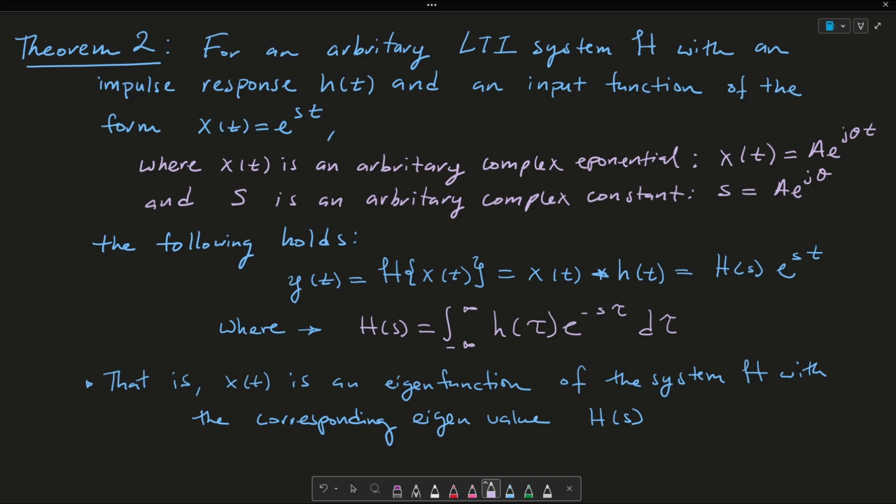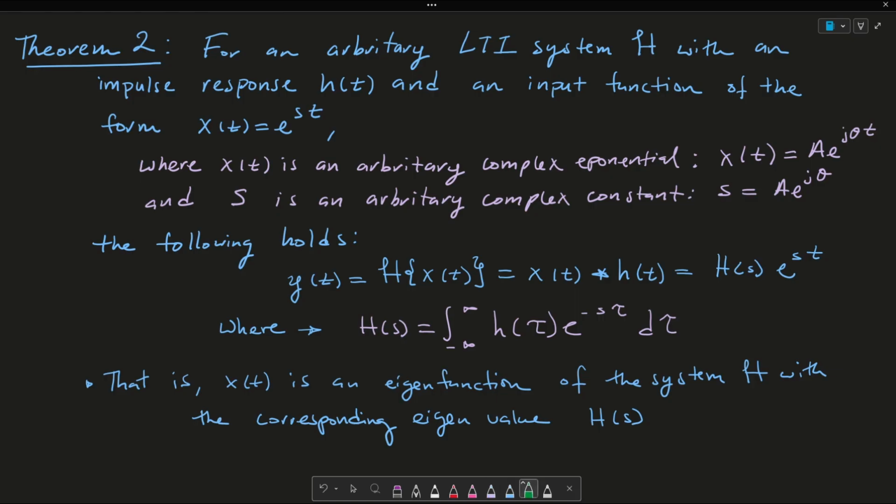Okay, now from theorem number 1 and the observation we did earlier in this video, we can prove theorem number 2, which is the whole point of this video: eigenfunctions of a continuous time LTI system.